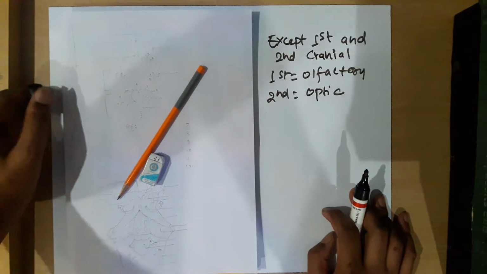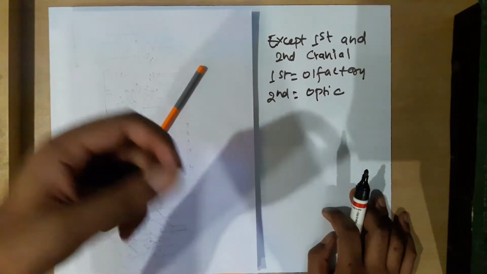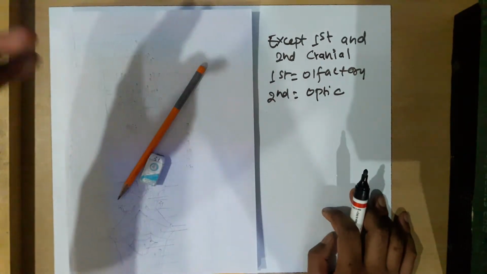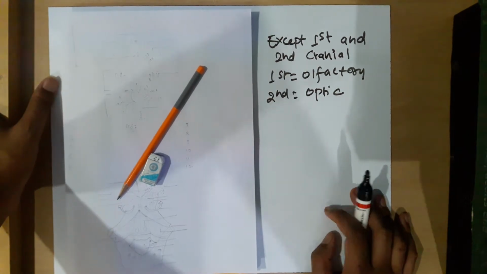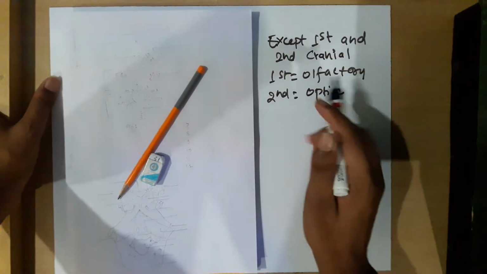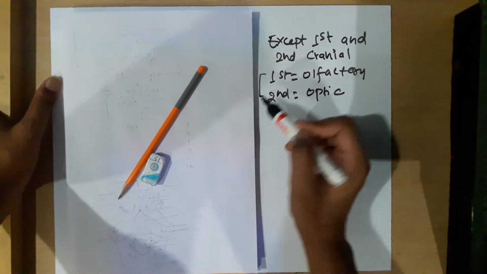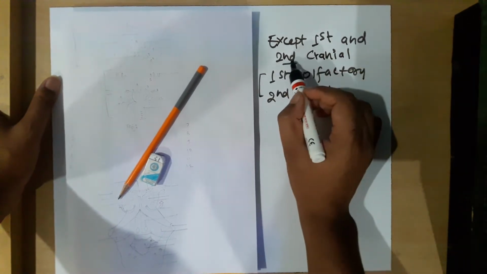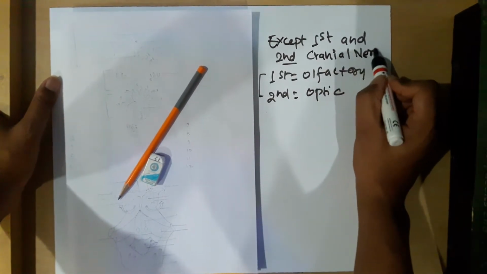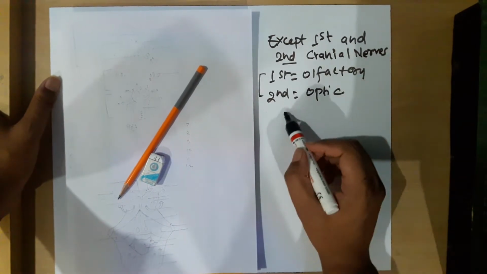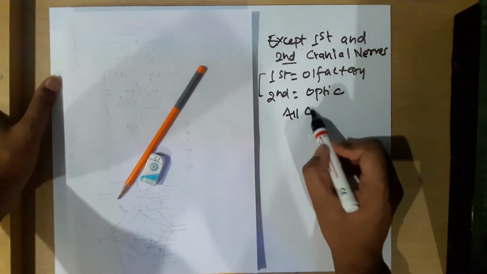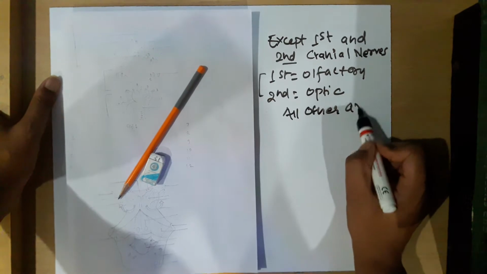And remembering this figure will help you remember the sequence without any tips and tricks. Because I was telling that except first and second, all other cranial nerves arise from the brainstem.